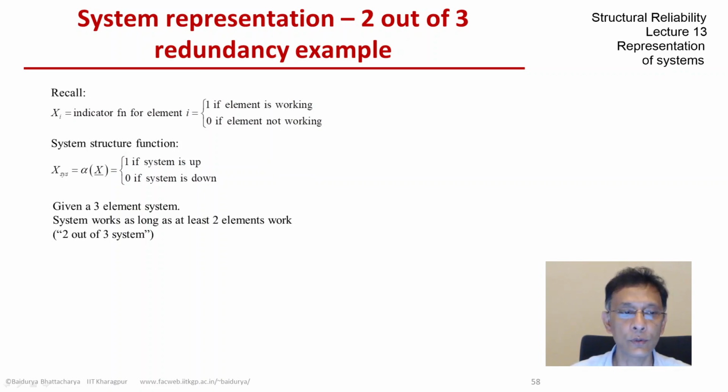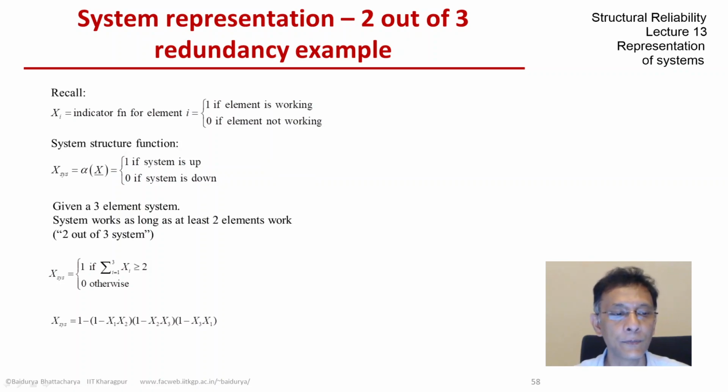At least 2 elements work in this, that's why it's called 2 out of 3 systems, or in general m out of n systems. So the structure function can be given simply as 1 if the sum of all the x's is at least 2 or 0 otherwise, or if you want an analytical expression, it's quite clever. It's the expression that you see on the bottom of your screen.